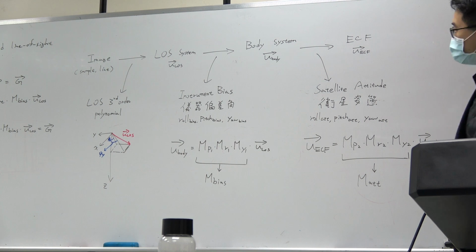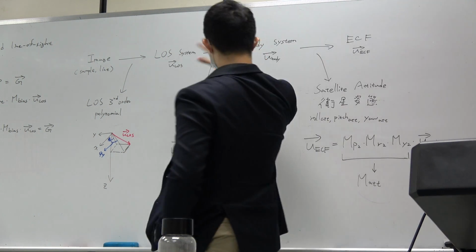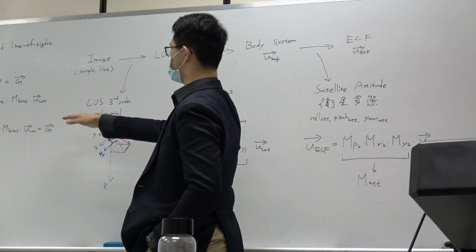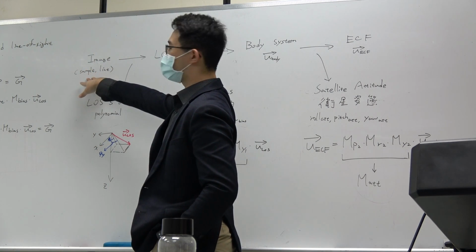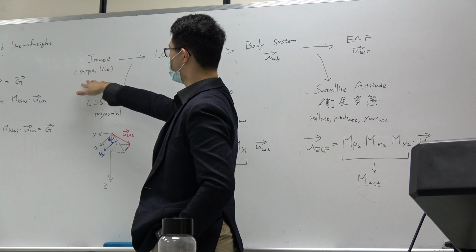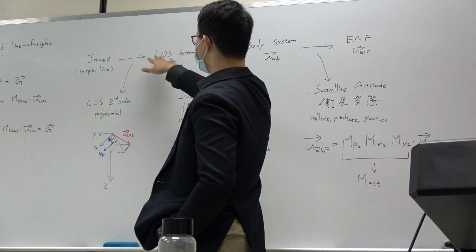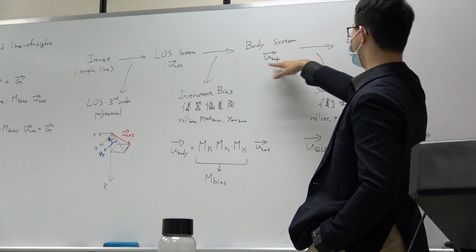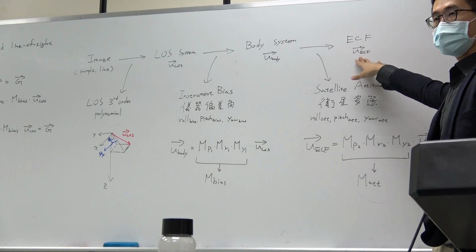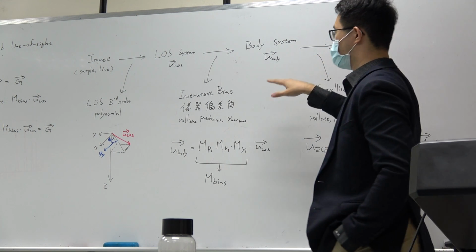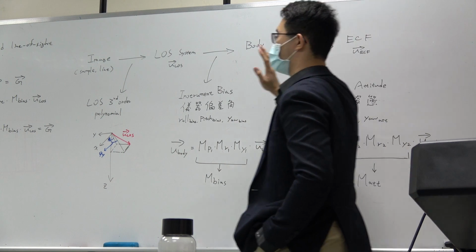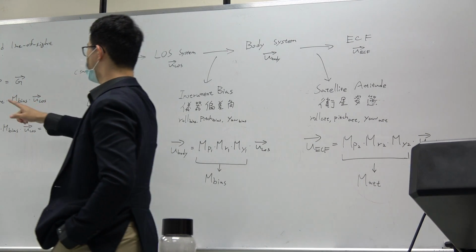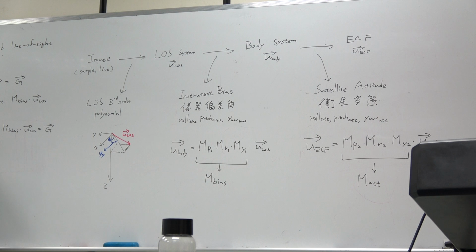So in this case, the whole series of transformation is from the sample and line of a single pixel, transformed to U line of sight, to U body, to U ECF. And this U ECF is directly what you need over here.